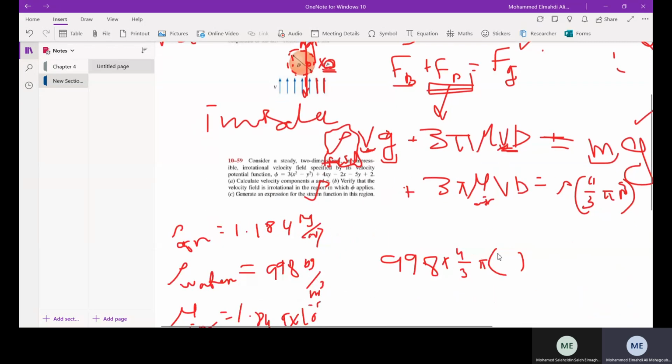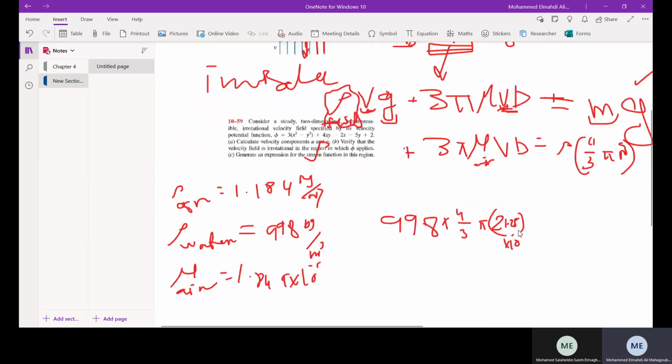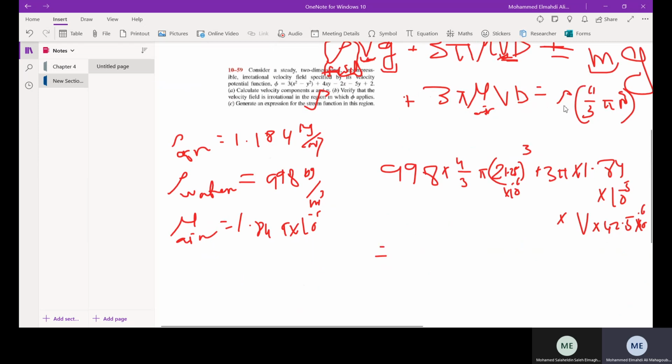The diameter is 42.5, so we put 42.5 divided by 2, which is 21.25, and because it is micrometer, multiplied by 10 to the power minus 6, all cubed, plus 3 pi multiplied by mu of the air, which is 1.849 multiplied by 10 to the power minus 5, then multiplied by the velocity, which is unknown, and then by the diameter, which is 42.5 multiplied by 10 to the power minus 6, because it's micrometer.